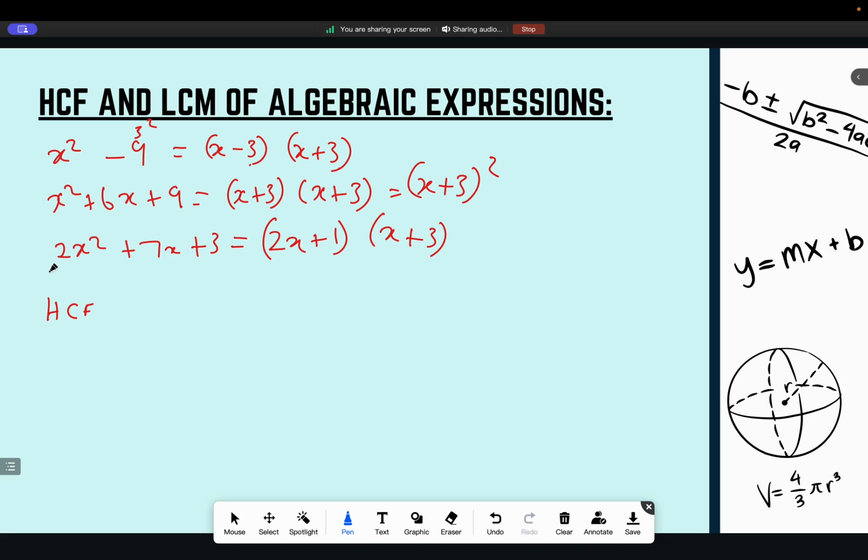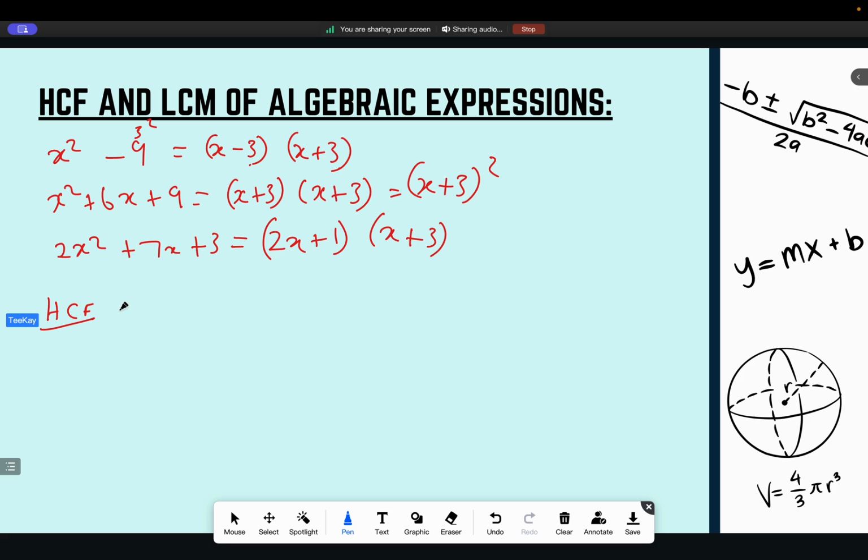And this factorization, we talked about it before. If you didn't get how I got to these, you can look at the factorization video. It's in the playlist. Okay, now that we have this, let's look for our highest common factor.